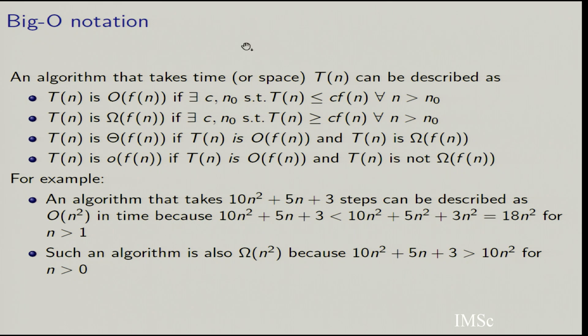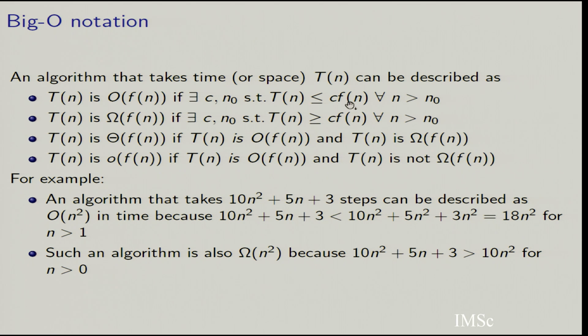You have some other simpler function f of n, for example n squared or exponential or whatever. You say t of n is big O of f of n if there exist constants c and n naught, such that for any n greater than n naught, the time taken by this algorithm is less than c times this f of n.